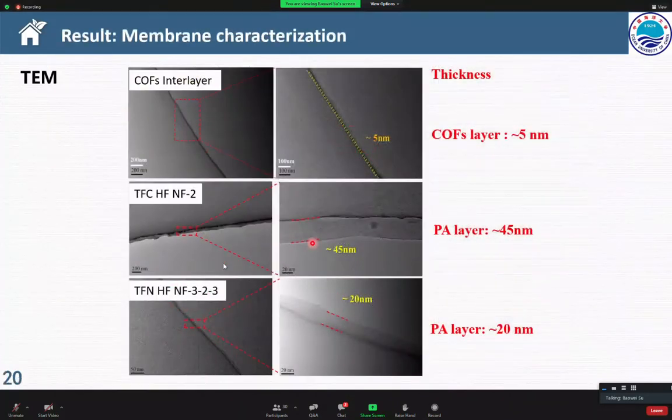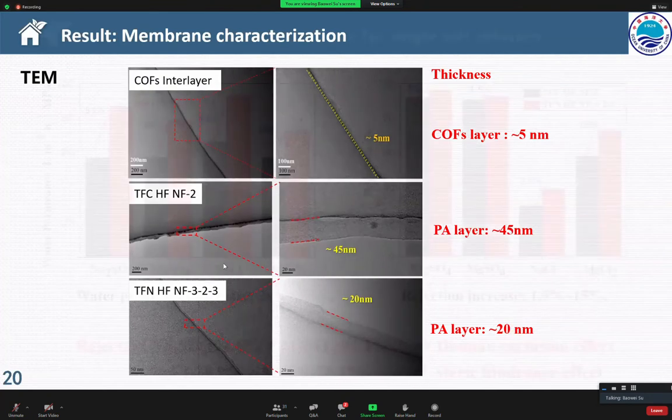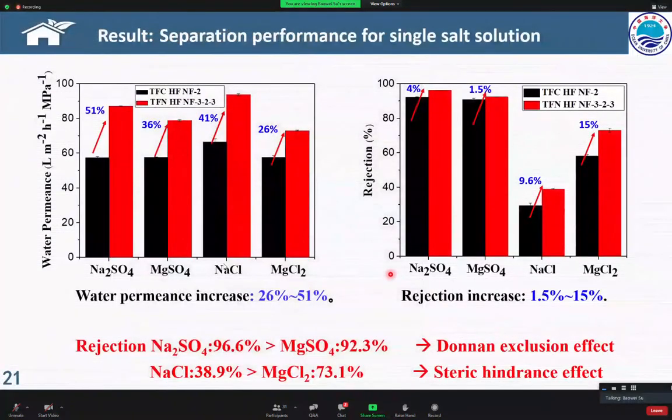And for TEM, we can see the thickness of the COF layer is about 5 nanometers because we use very low concentration for TP and PA. For the TFC membrane, the PA skin layer is about 45 nanometers, but for TFN membrane, it decreased to 20 nanometers.